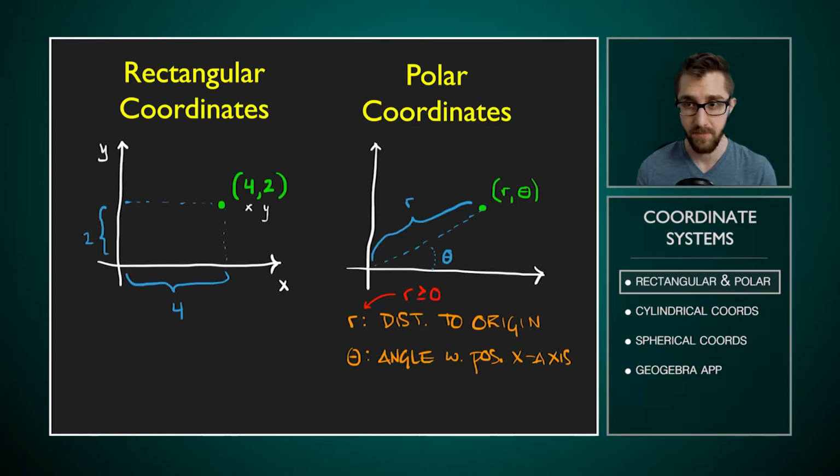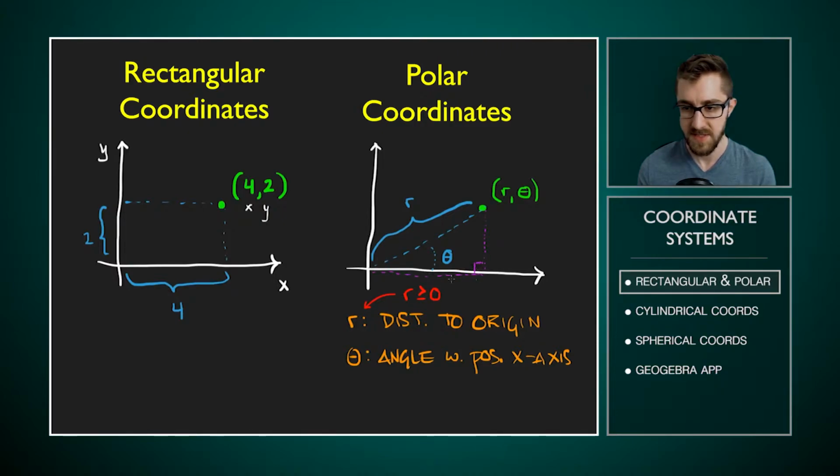One last thing I'll note is that converting between different coordinate systems is sometimes useful. If we know the polar coordinates of a point, if we know r and theta, we can compute x and y by imagining drawing in a right triangle here. The length of this vertical segment would be y. The length of this horizontal segment would be x.